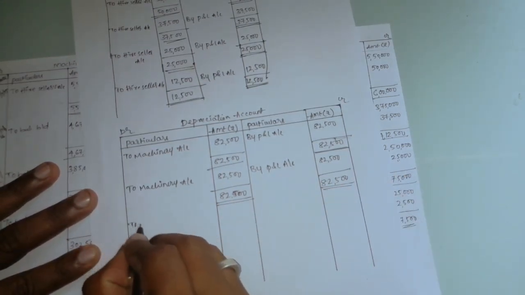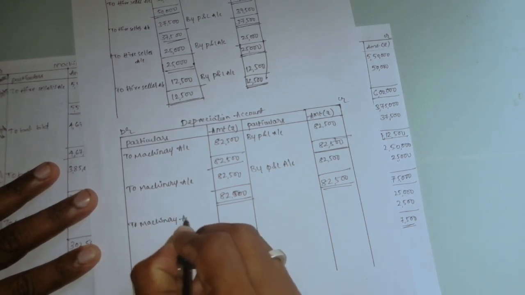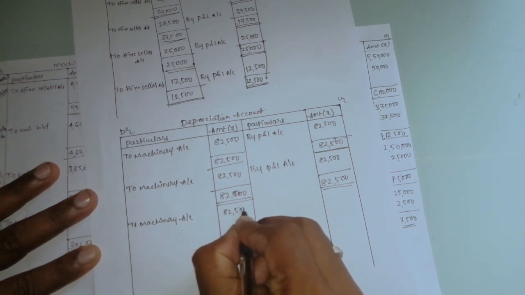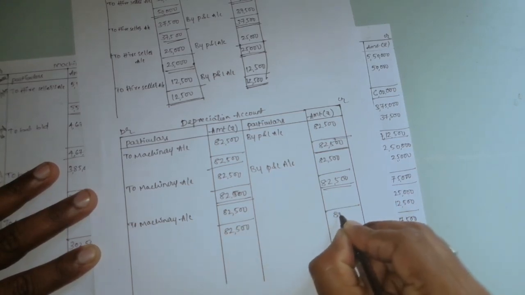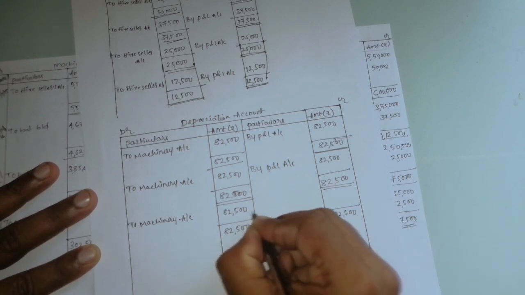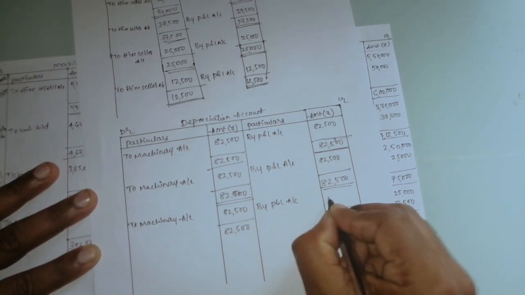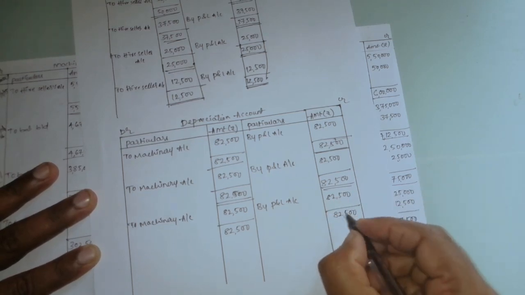Third year, to machinery account, how much? 82,500, by profit and loss account 82,500.